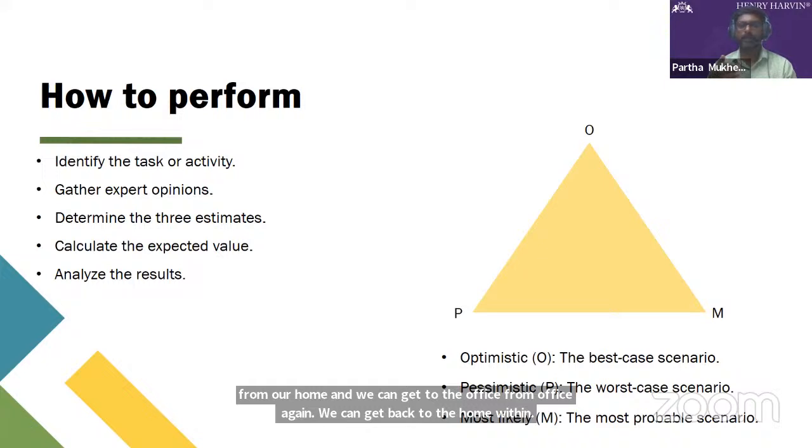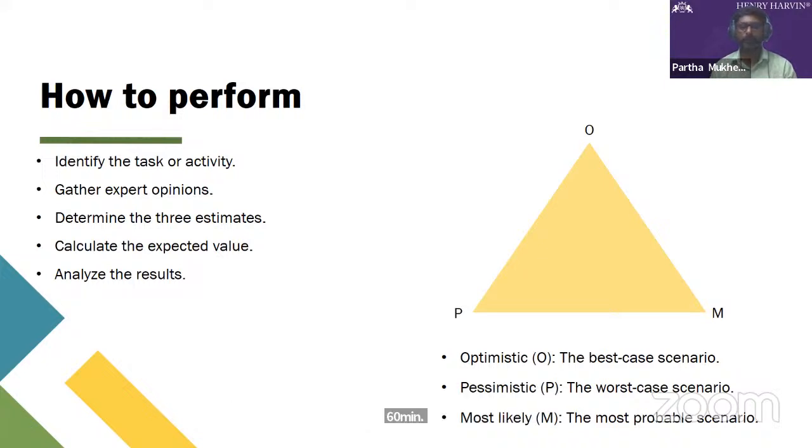So 30 minutes plus 30 minutes, 60 minutes. Then we need to prepare one more estimate, the most likely. So what effort do we calculate? The most realistic. While doing the journey, we might have some jam, so it is going to take 50 minutes plus 50 minutes.